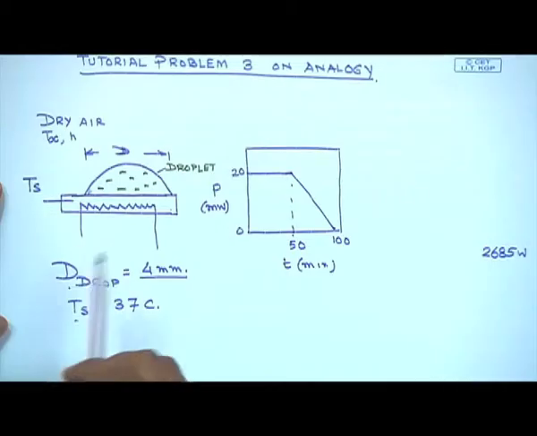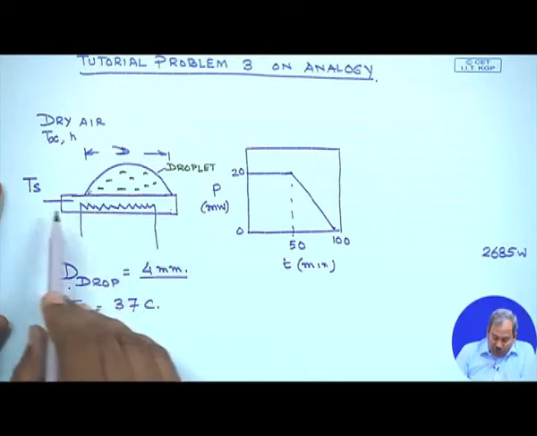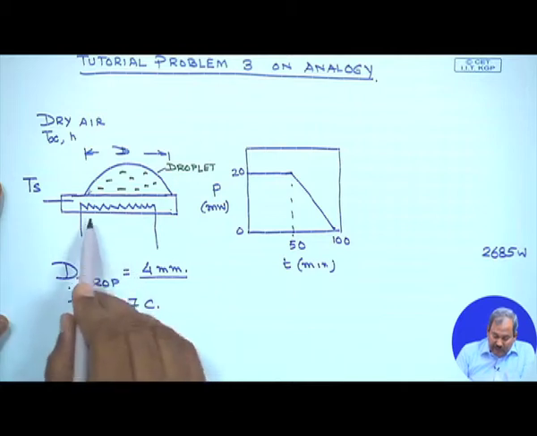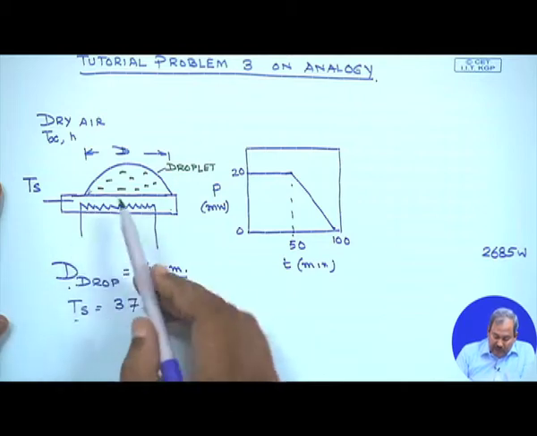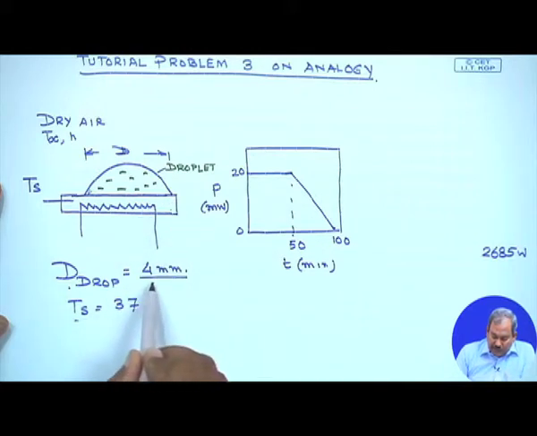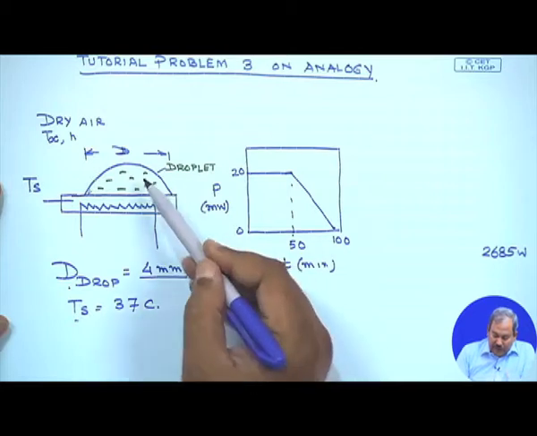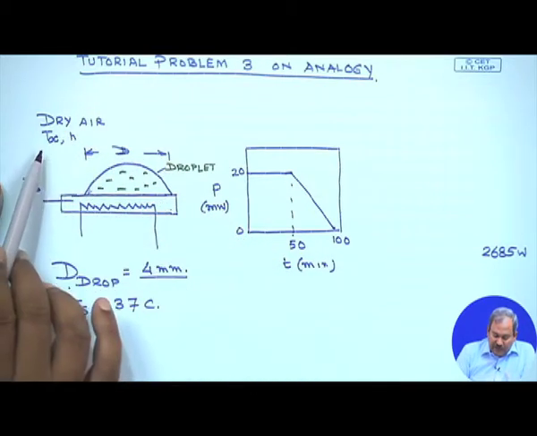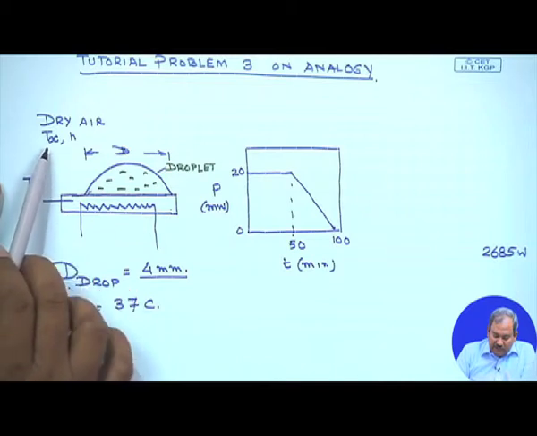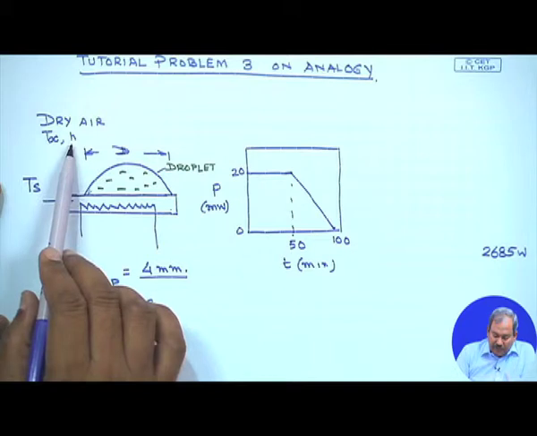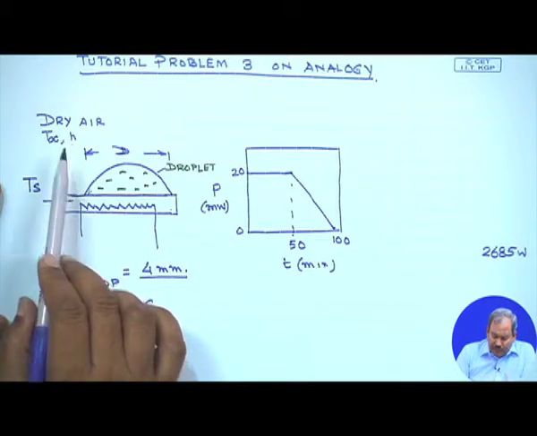So, what we have is a substrate whose temperature is maintained at a constant value of Ts by an independently controlled heater. A droplet sits on this heated surface, whose diameter is 4 millimeter, and it is slowly evaporating into a stream of dry air at temperature T infinity, which creates a convective heat transfer coefficient of h.